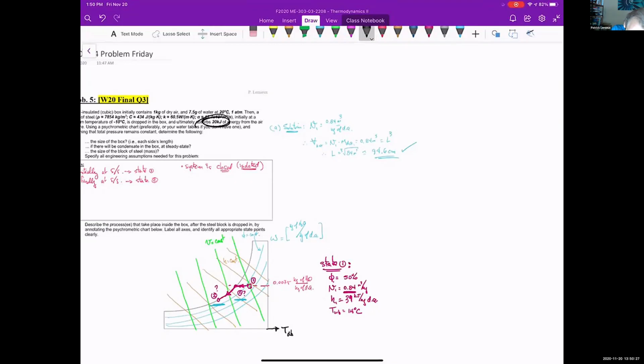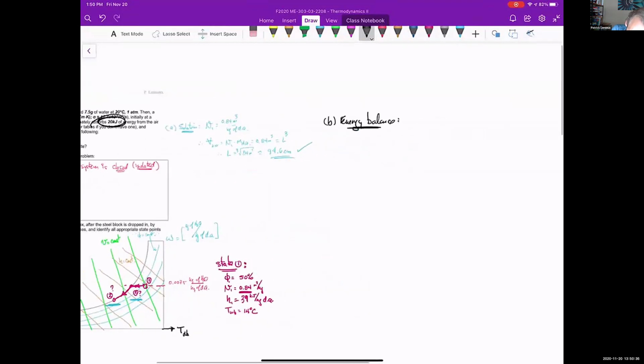So let's break it down into each of those parts. The energy analysis: one for the steel, one for the air, and one for the air giving energy to the steel.